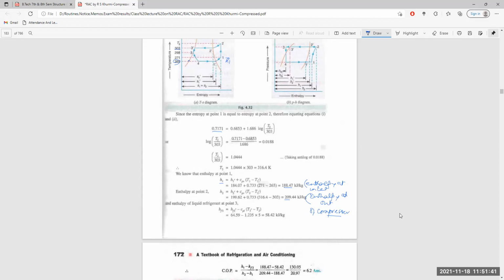This is only 5 degree. After putting in this value, we get HF3 as 58.42 kilojoule per kg.